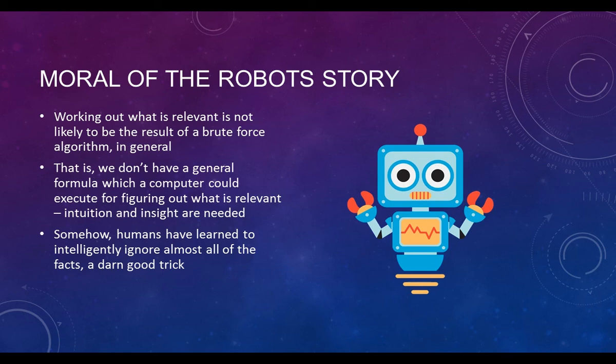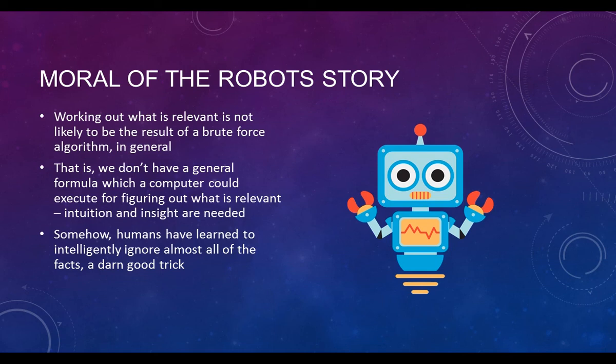So we don't have a general formula which a computer could execute for figuring out what's relevant. Something about you as a living cognitive agent is required for this to happen. I don't know how we do it, but we all do it. This is not an argument that it's impossible to sort relevant from irrelevant, because we all do this every day.